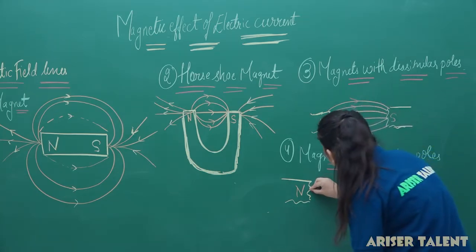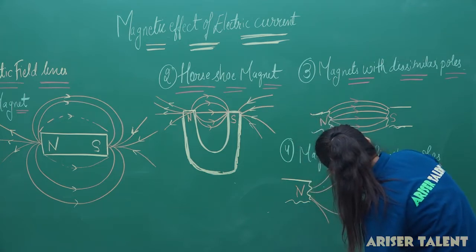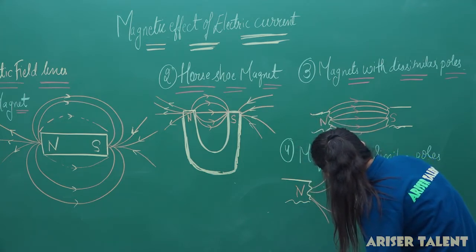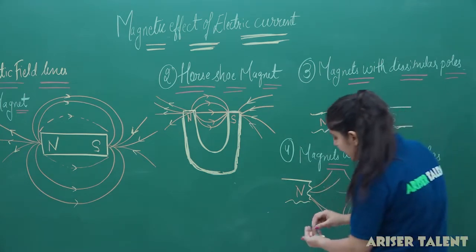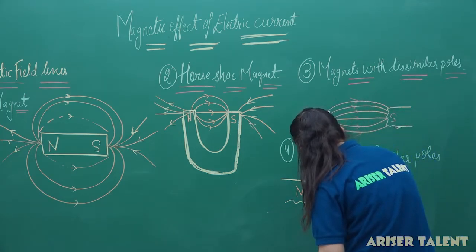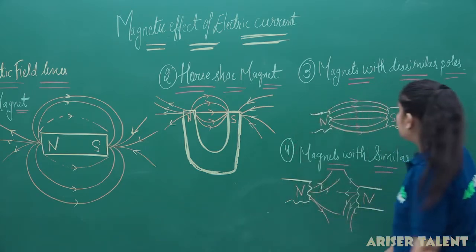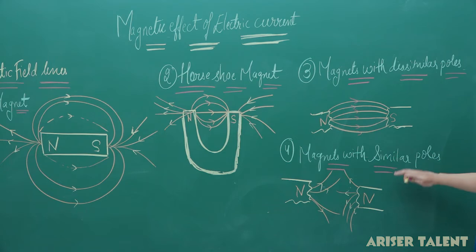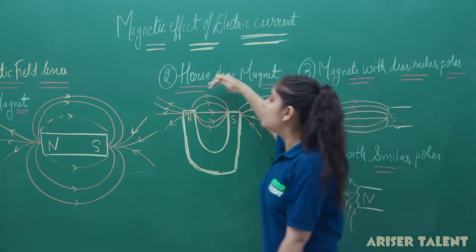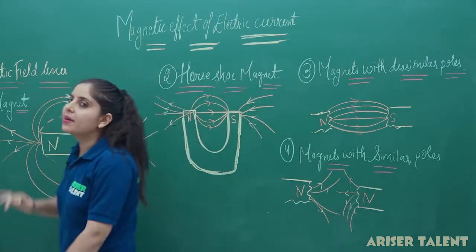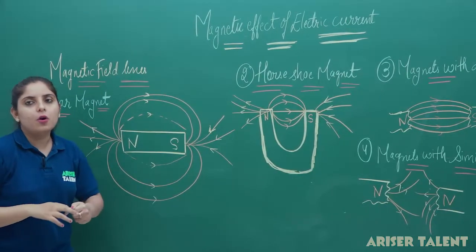You can see that the magnetic field lines will be drawn like this. This is from this part and this is from this part. We get separate lines in this case. So the direction of the field will be like this. So this is the magnetic field in the case of similar poles. This is the case of dissimilar poles, this is the horseshoe magnet, and this is the bar magnet. So this is how you can draw the magnetic lines of force in all these cases.